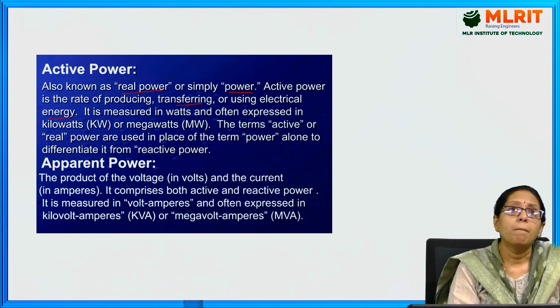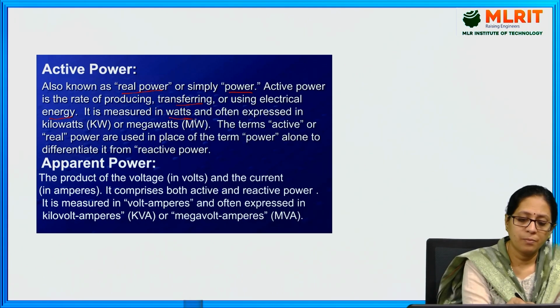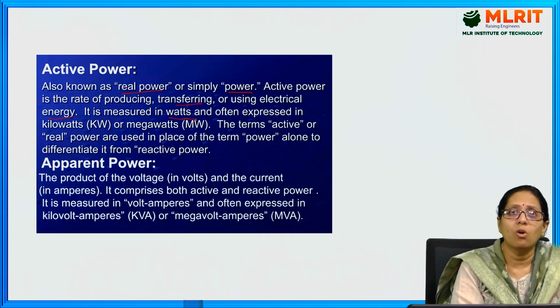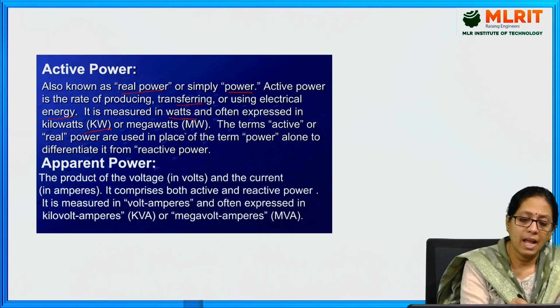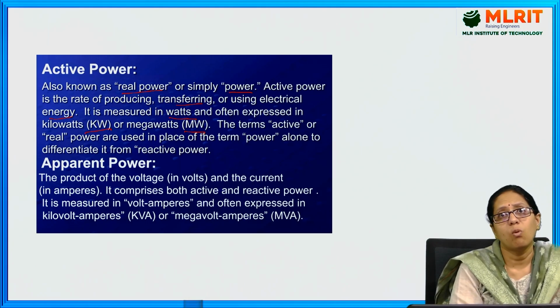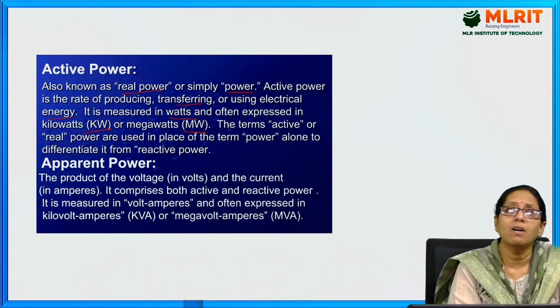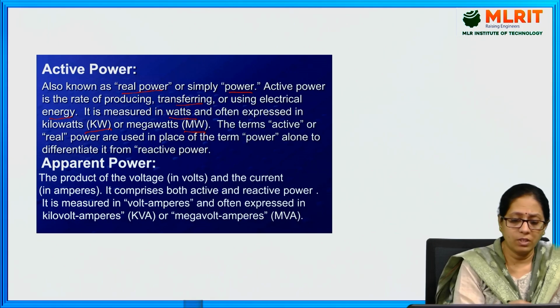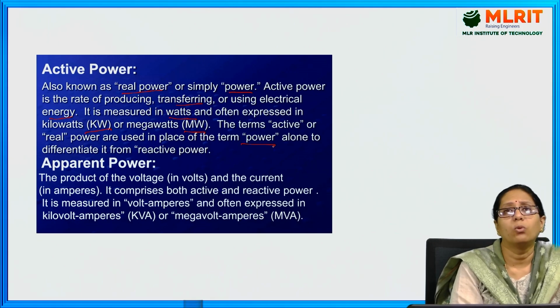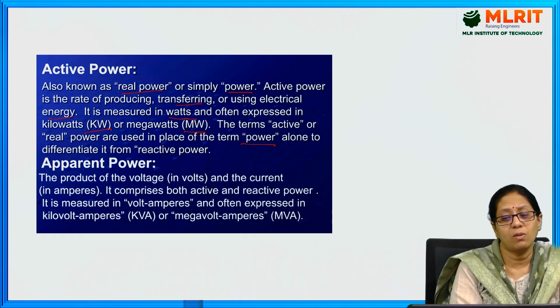It is measured in watts, and mostly in kilowatts or megawatts. kW is kilowatts and MW is megawatts, that is 10 power 6 times watts. So the term active or real power is used in place of the term power alone.